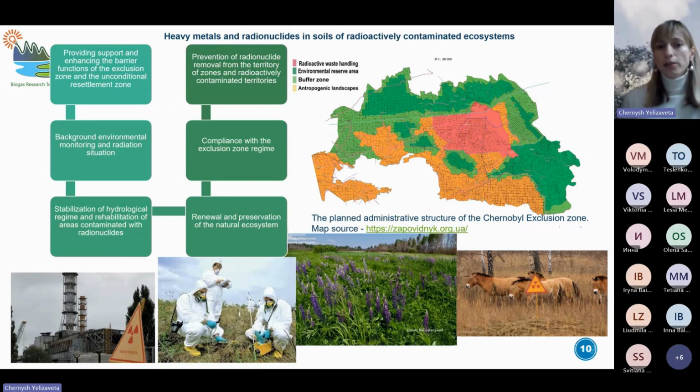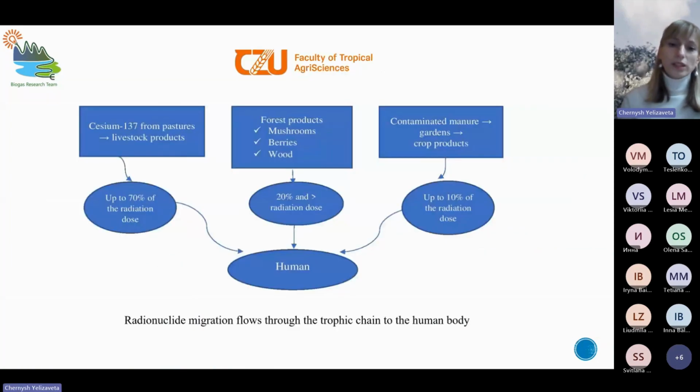In general, there is research comparing how radionuclides and heavy metals migrate in a radioactively contaminated ecosystem, how the system is developing, the biodiversity of the system, and how it returns to natural ecosystem conditions. So it is also important to analyze the contamination of different components of the ecosystem, radionuclides, and the trophic chain to the human body.